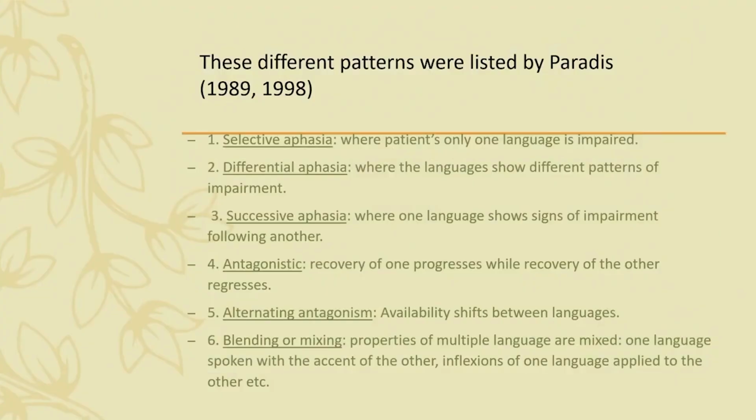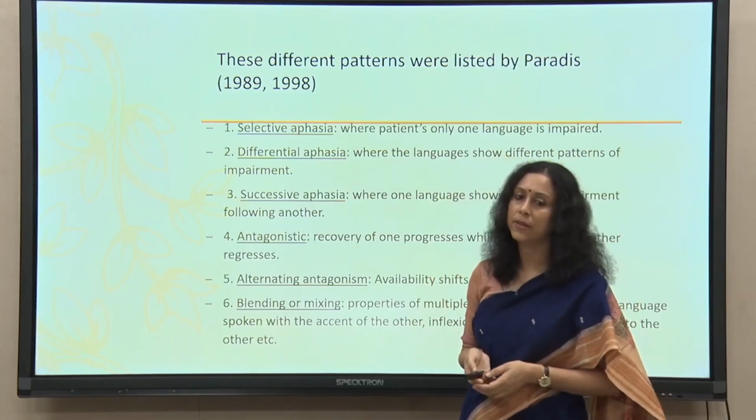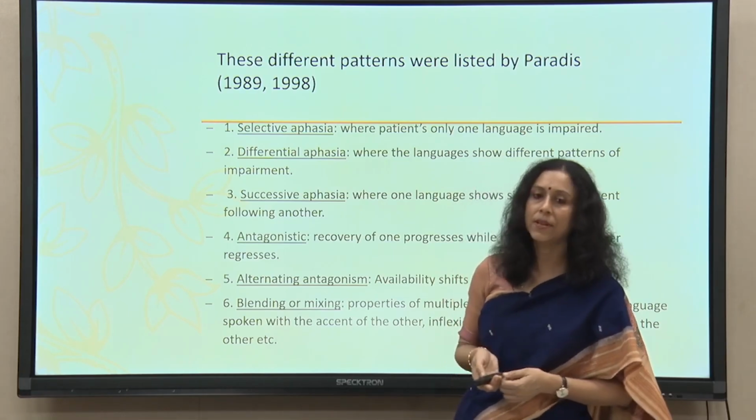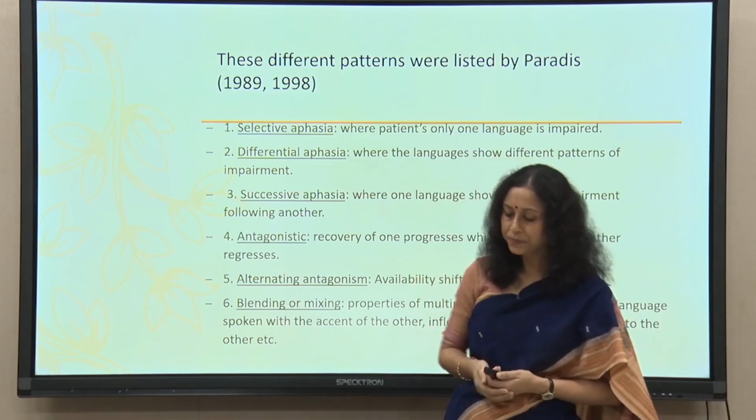These different patterns, when the bilingual's two languages are not affected similarly, were studied and listed by Michael Paradis in these two publications and many other subsequent publications. There are about 6 types of different patterns of bilingual aphasia that he lists. The first is called selective aphasia. Selective aphasia, as the name suggests, is when only one language is impaired and the other language is spared.